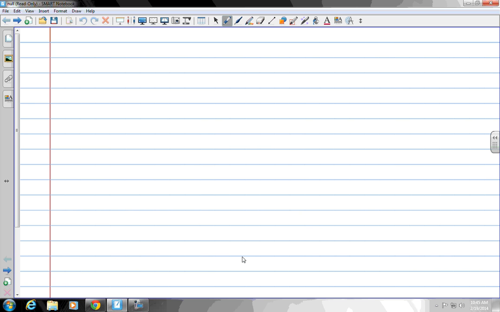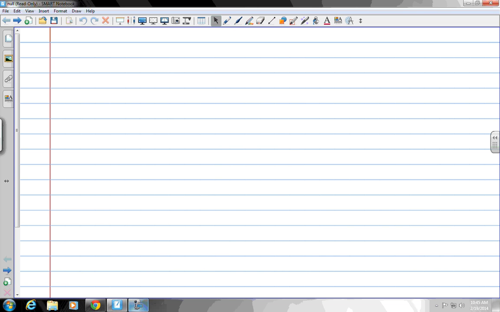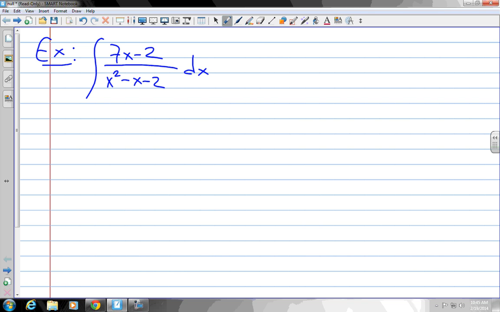I want to try this example. I want to integrate 7x minus 2 over x squared minus x minus 2 dx.